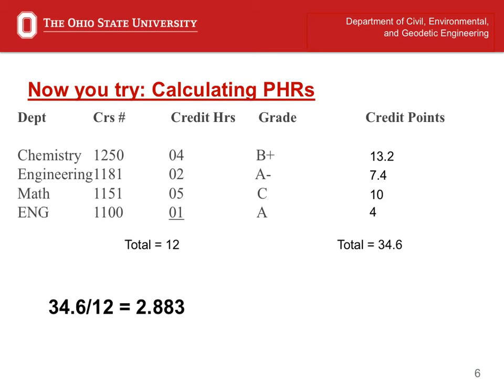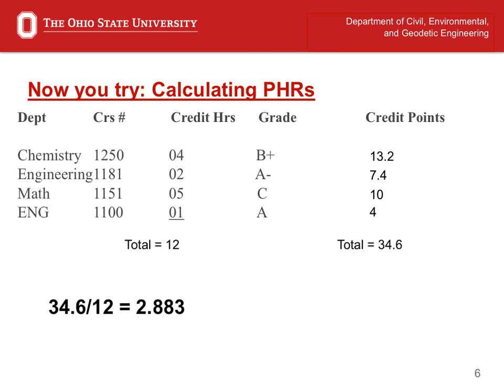Now you might think, well, this student has a B+, an A-, and an A in the semester. How is their point-hour ratio below a 3.0? The reason for that is how many credit hours the chemistry and the math courses are. The higher the credit hour for a given class, the greater the impact it's going to have on the point-hour ratio.